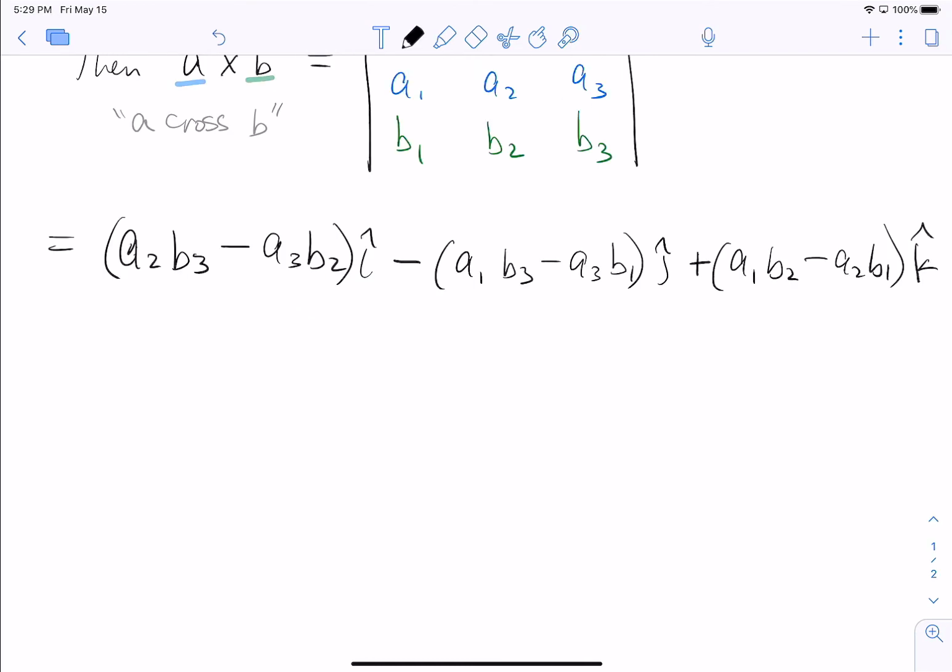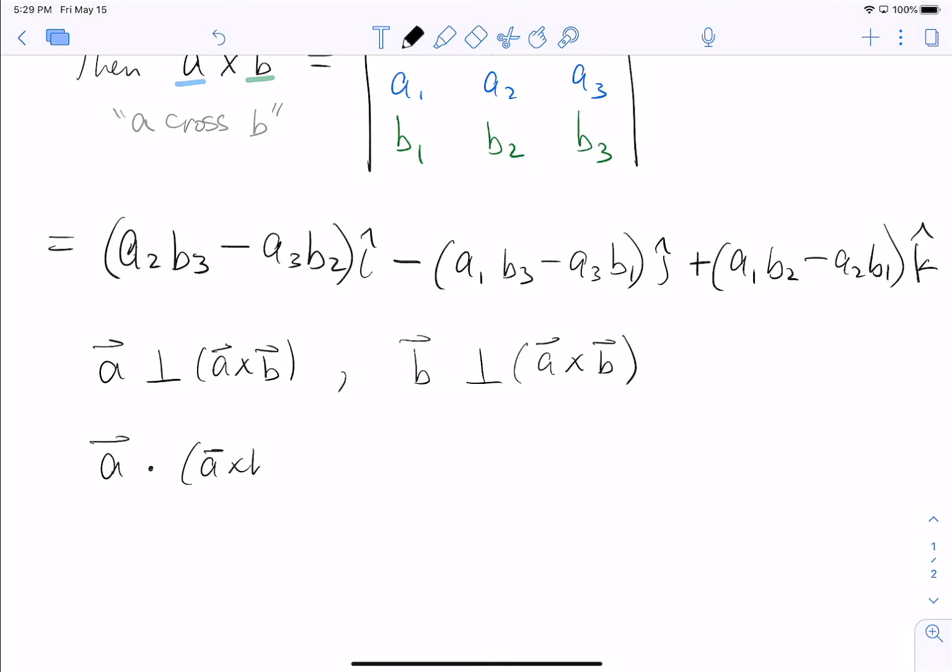I'll leave it to you to verify that a is orthogonal to a cross b and that b is orthogonal to a cross b. How might you do that, you wonder? We would take a and dot it with a cross b.